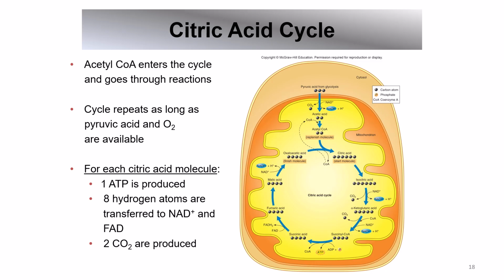So here, acetyl-CoA is getting produced. Pyruvic acid enters the mitochondria. Here again, NADH gets produced. And then acetic acid is going to combine with coenzyme A to become acetyl-CoA.